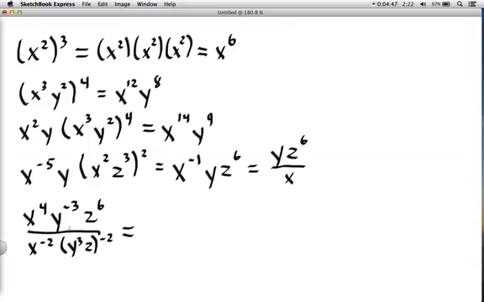So the first thing we can do is anything that has a negative exponent can be brought to the other side of the fraction. That way we'll have all positive exponents, and it'll just be easier to do operations with them. So here we have x to the 4th and an x to the negative 2. So if we bring this x to the negative 2 up to the top, we'll have x to the 6th.